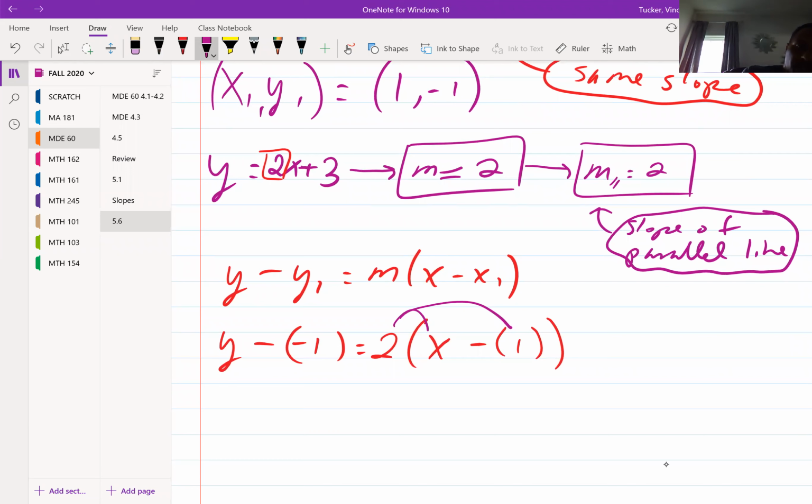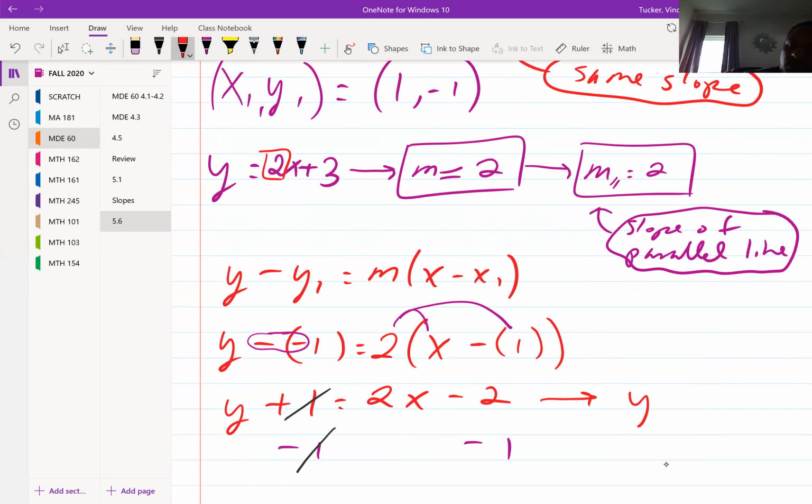Don't forget, negative times a negative is positive. Subtract 1. Y is equal to 2x minus 1.